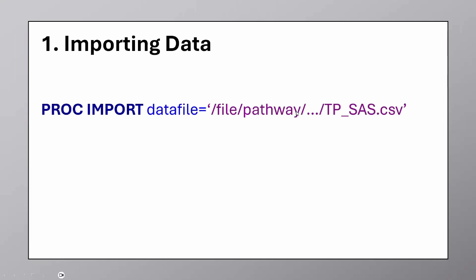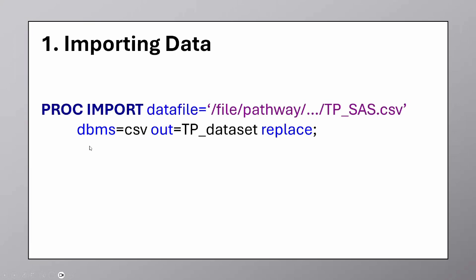I use SAS Studio, so it's typically going to be a file that I've downloaded to a folder on my SAS Studio, and I need to make sure it goes to the right one. Then you're going to have this DBMS, which is going to tell SAS what file type it is. I usually use a CSV, so that's usually going to be a CSV here. And then the out will tell you what you name it, so when you reference it later. For this mock example, it's TP, so ten procedures data set.